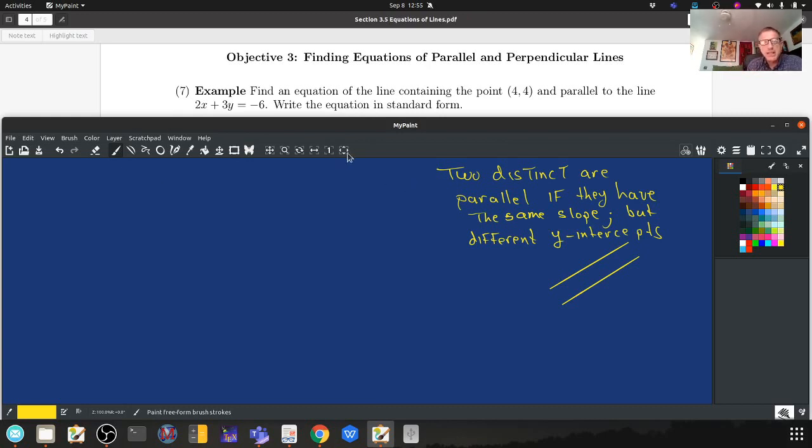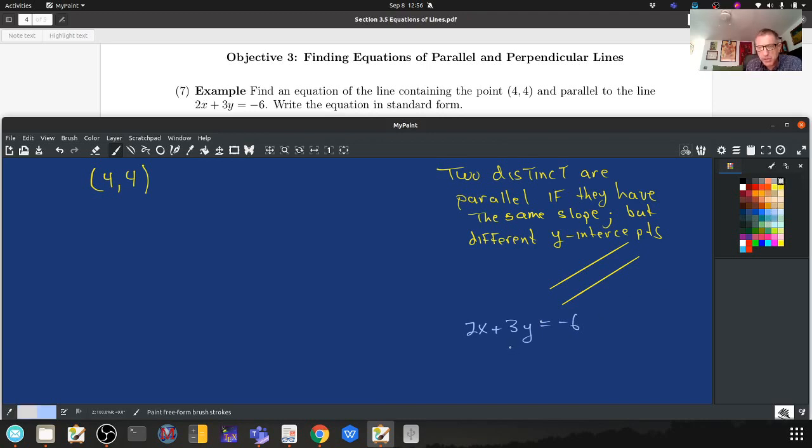So what do we need here? I want to find an equation of a line. It's going to go through the point 4, 4, and it's going to have the slope equivalent to this line. So let's go ahead and find the slope of the line 2x plus 3y is equal to minus 6.